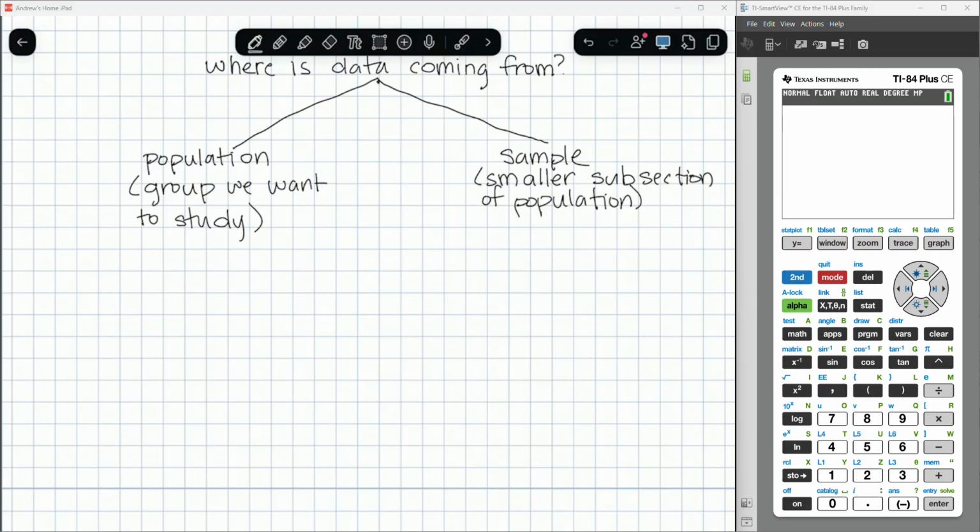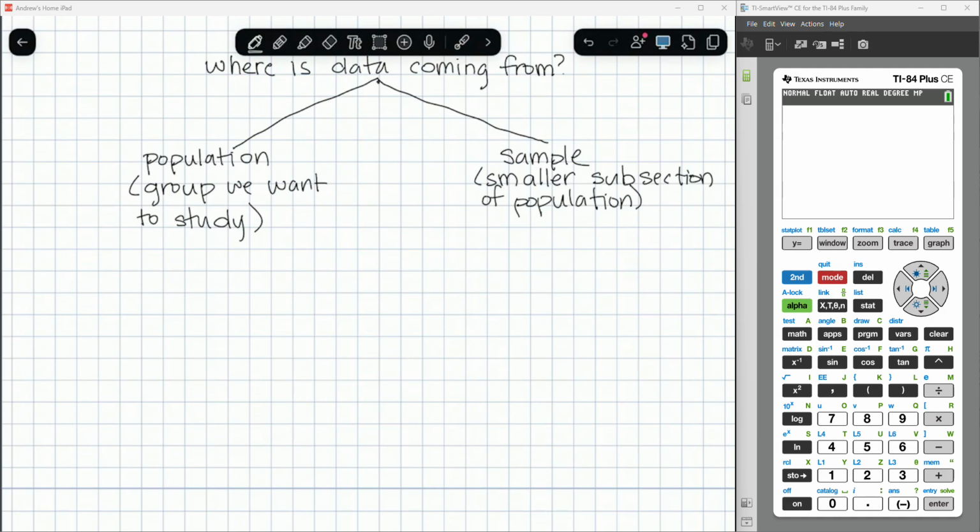For example, if I'm studying behaviors of Shasta College students, there are a lot of you, and you're not all living in Redding. That's a difficult population to survey. So what I would do is I would make a list of all of the student IDs of currently enrolled students, and then I would use technology to randomly select 50 of those student ID numbers and interview those 50 students. So more often than not, our data is coming from a sample.